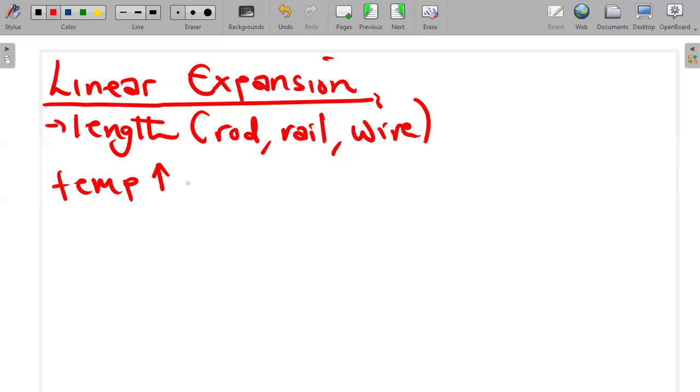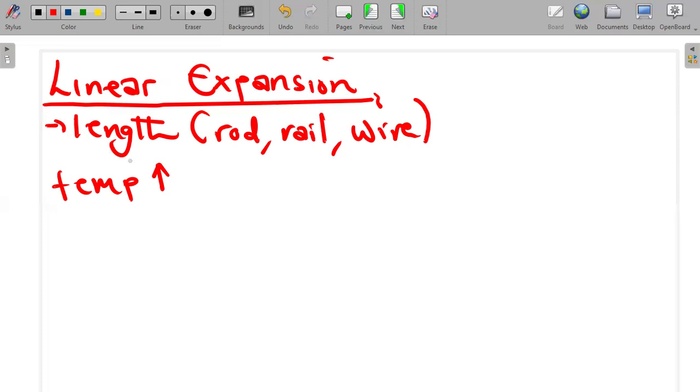That helps in the increase in length of materials. The average atomic spacing also increases, and that eventually leads to the increase in dimension of a particular material. So when it's this kind of expansion that we're talking about, we are describing linear expansion.